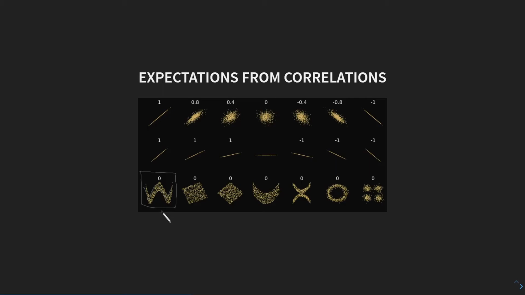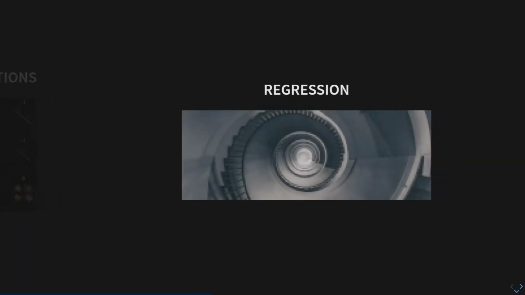But the correlation coefficient doesn't capture this, right? It only captures the covariance along this angle. And therefore, it will give a correlation score of 0 for this one. Same with these. These are all interesting patterns. Here we even have some groups that we would really want to investigate.